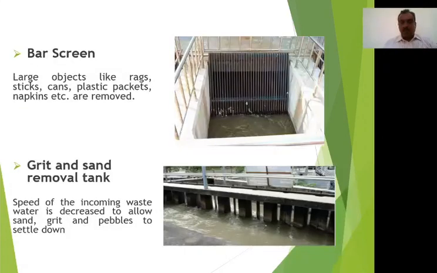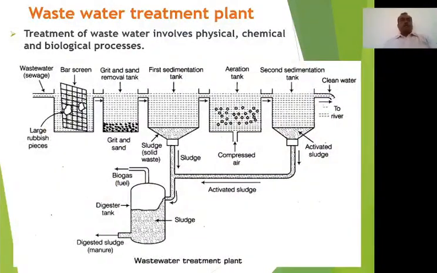See in the WWTP, the sludge from the sedimentation tank is transferred to a separate tank where it is decomposed by bacteria. Biogas is produced in this process, which can be used as a fuel and to produce energy or electricity.